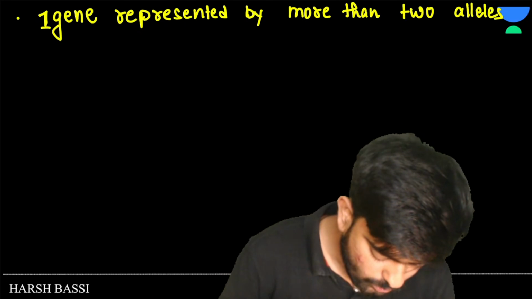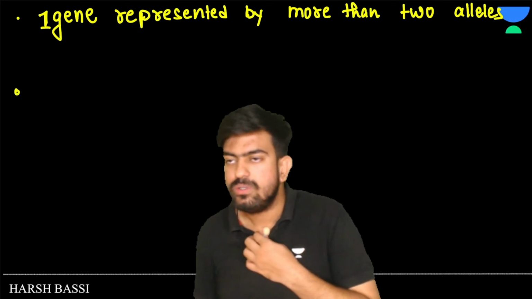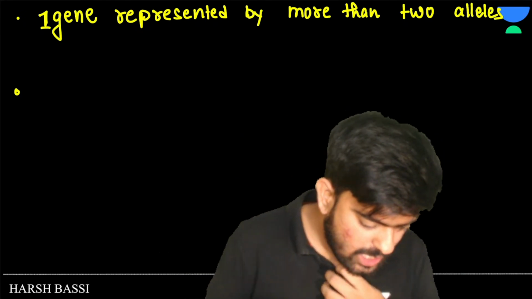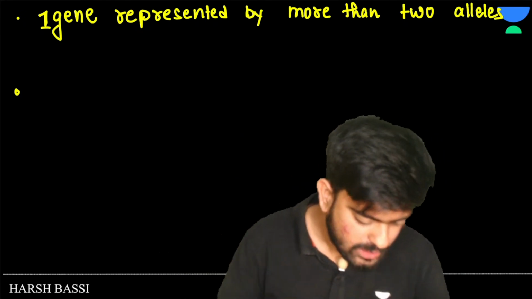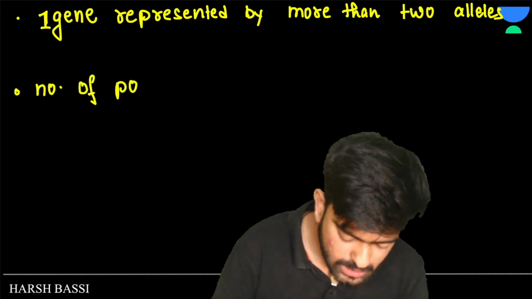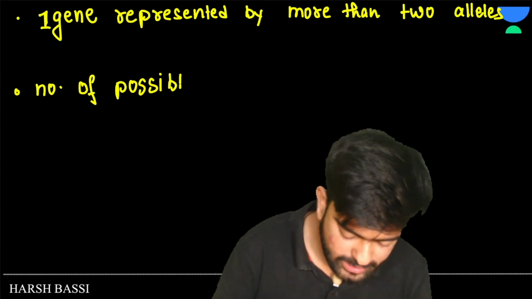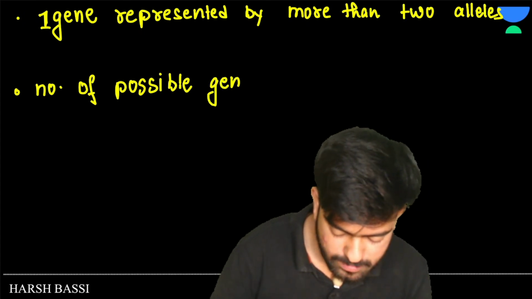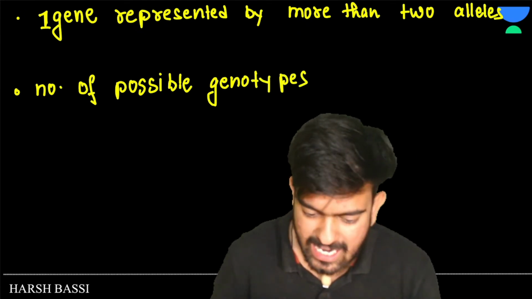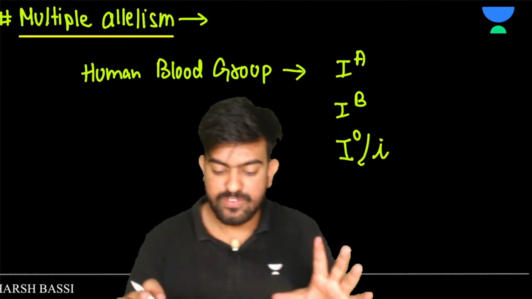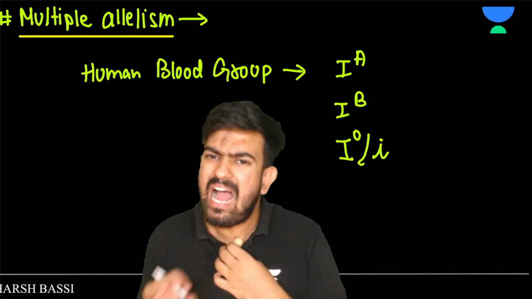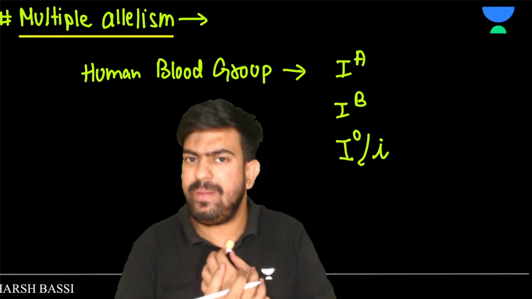Great, sir. Now if I ask you how many genotypes are possible, right? So if I am going to talk about the number of possible genotypes here, let's suppose I have told you, Srishai, we have 3 alleles. Then I asked you how many types of combinations you can make from here.